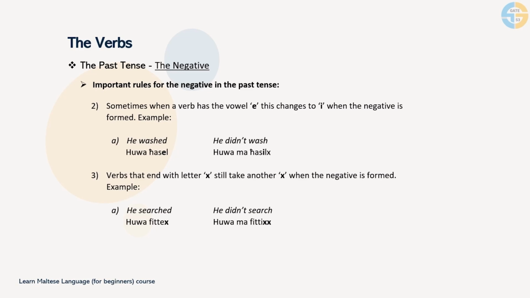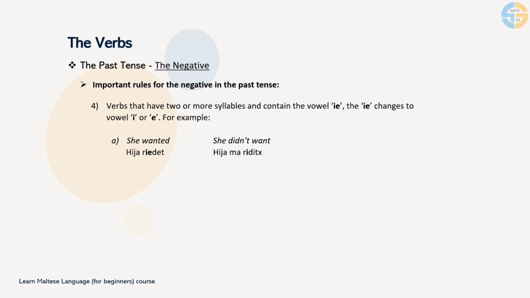Rule number 4. Verbs that have two or more syllables and contain the vowel e change to the vowel i or another e. So verbs that have two or more syllables and contain the vowel e change to a different vowel. Okay, for example, she wanted, hija ridet.